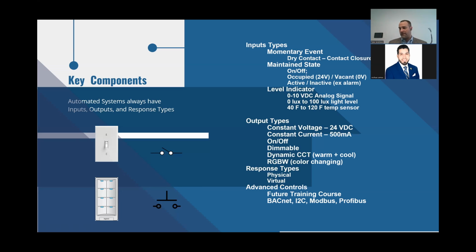The link does not currently do 4 to 20 milliamp signals. And I'm trying to think if there are other analog sensor types out there. Dry contact, 24 volt DC, 0 to 10 volt, and 4 to 20 milliamp are the most common ones.